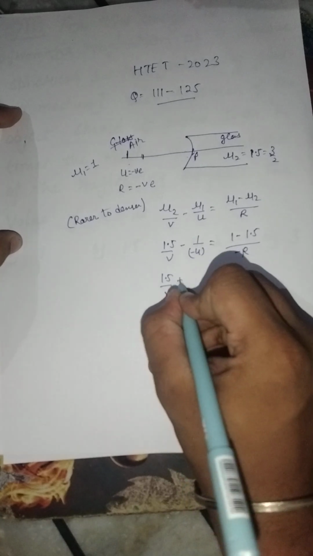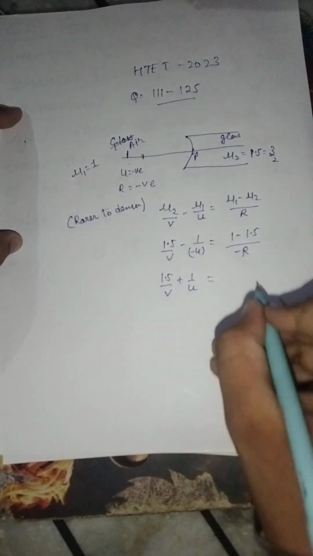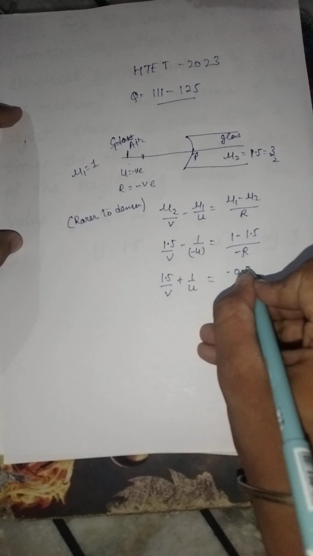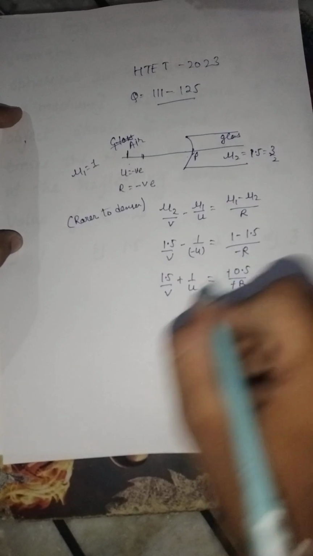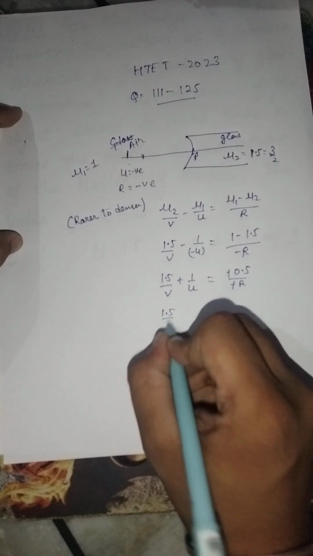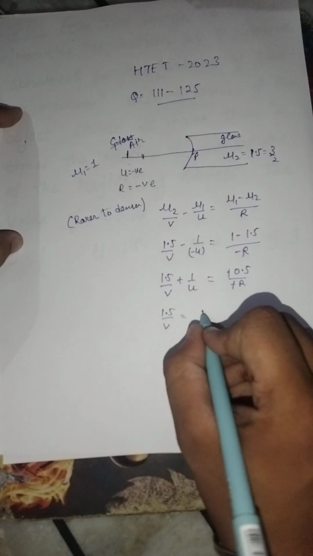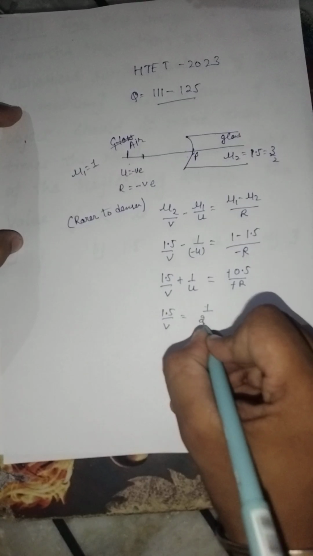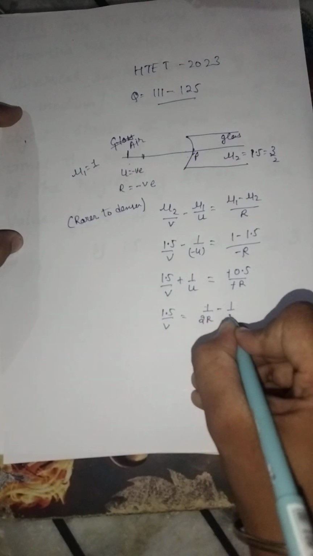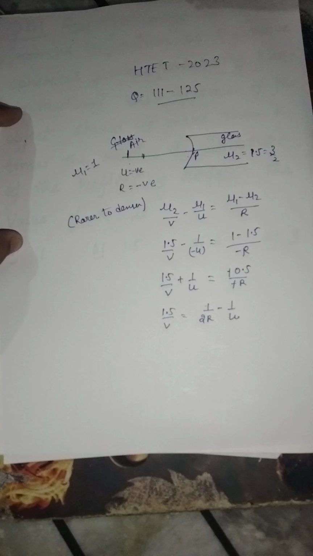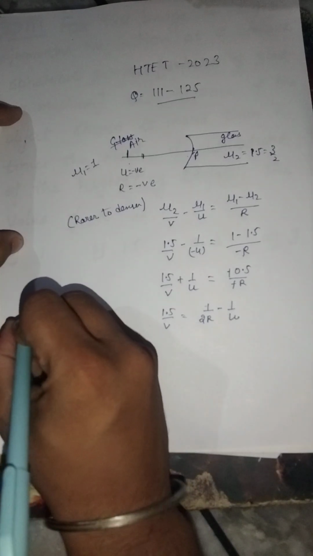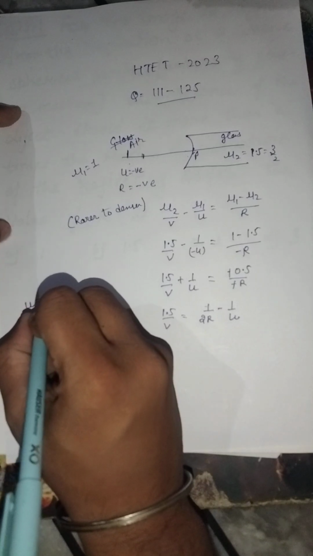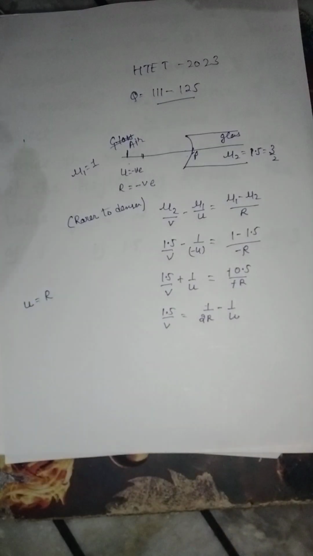1.5 by v plus 1 by u is equal to minus 0.5 by r. So I can write 1.5 by v is equal to 1 by 2r minus 1 by u. Let our object u be placed at r or beyond r.